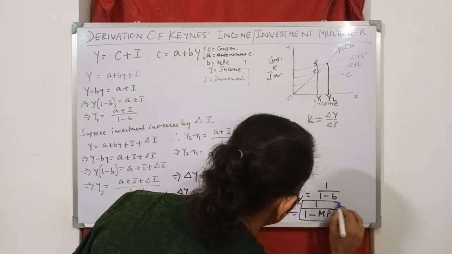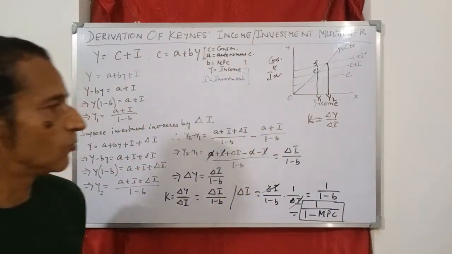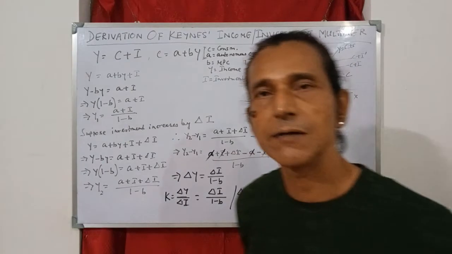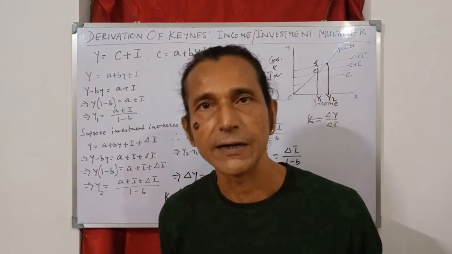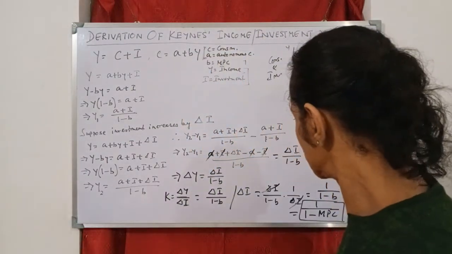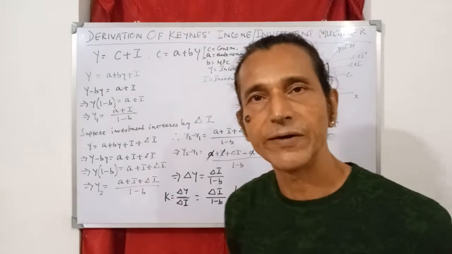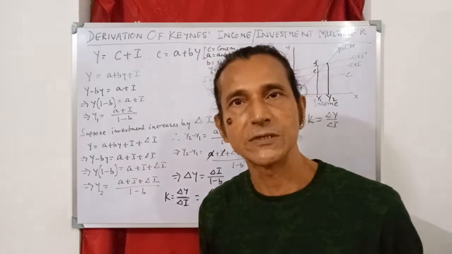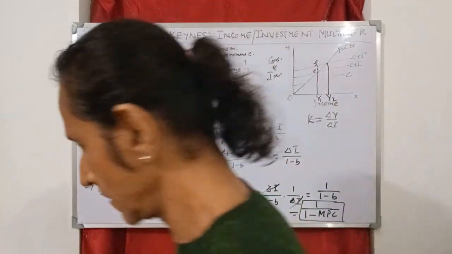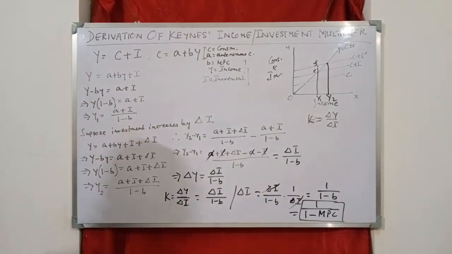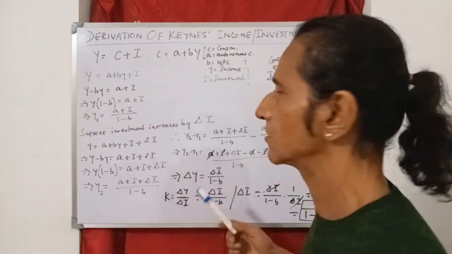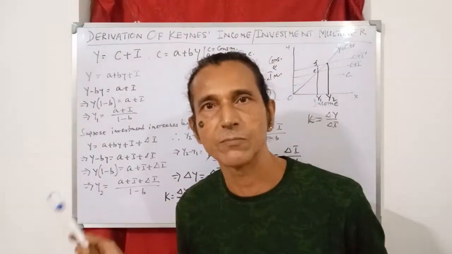So the value of k is equal to 1 by 1 minus MPC. This is the mathematical derivation of multiplier, and the value of multiplier is 1 divided by 1 minus marginal propensity to consume, right? So this is all about the mathematical derivation of multiplier.